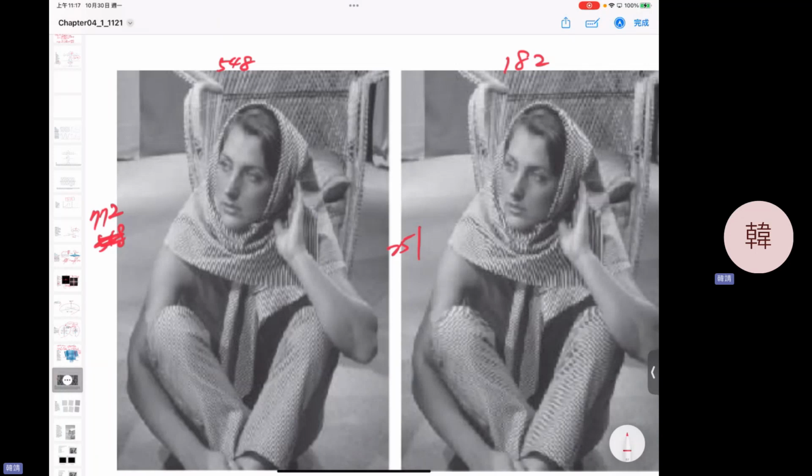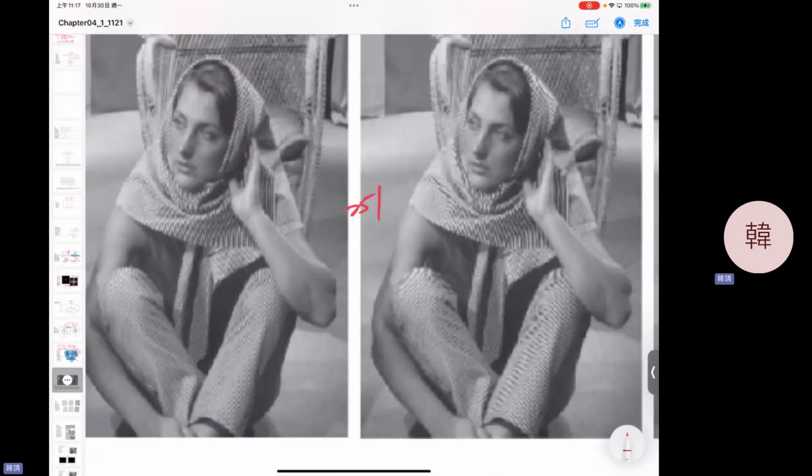Okay, what does that mean? The same image, but I sample at a different resolution, the lower resolution. You see the aliasing effect. Where? You see the pattern occurred. Actually, here, some pattern. Okay. So it's an aliasing effect.